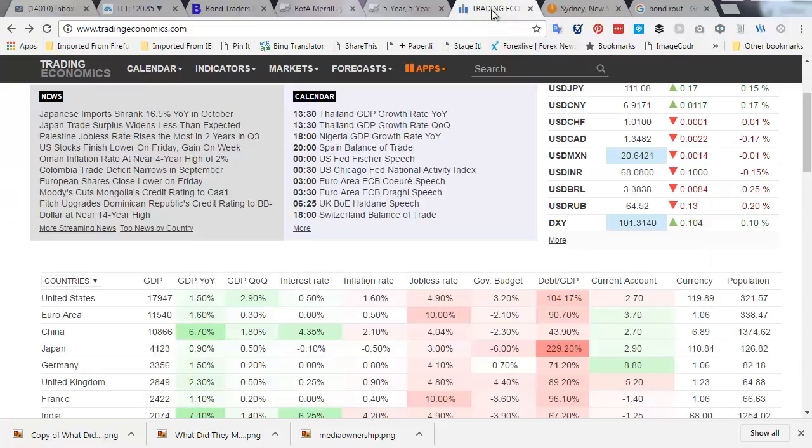Now, I've pulled up a website which is called tradingeconomics.com, and it's listed by size of economy: the US, Europe, China, Japan. And what I'm going to click on is the individual data on inflation rate.